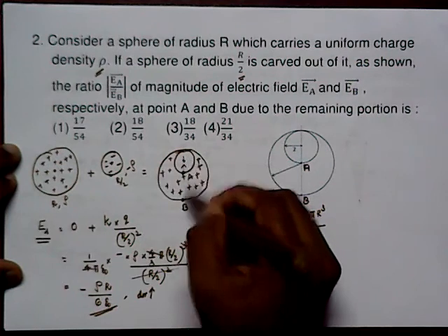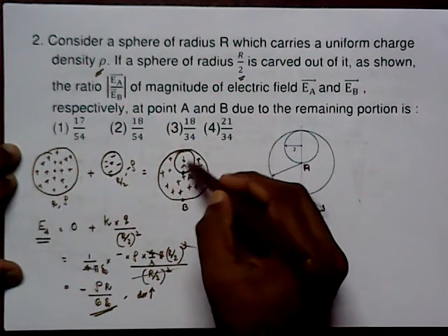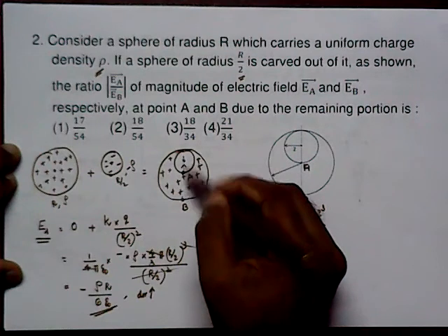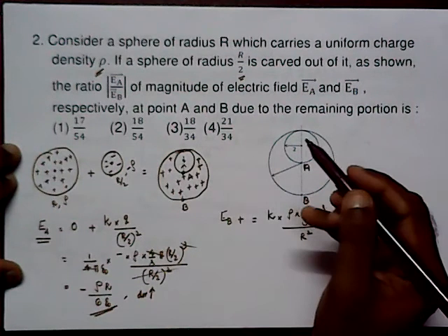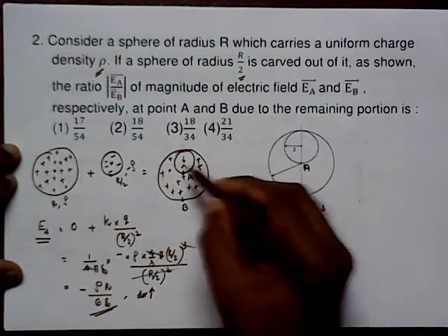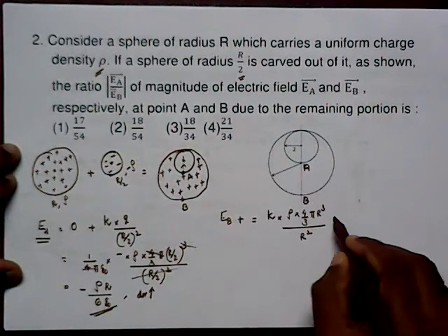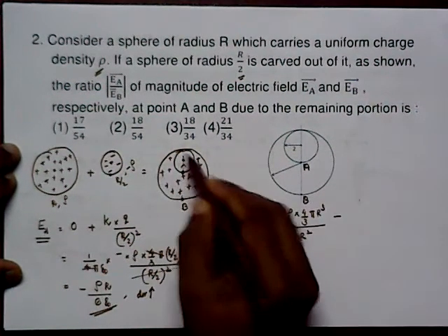So point B is at a separation: this is r by 2 and this is r, so r plus r by 2 gap. The electric field at that distance can be subtracted because of the negative charge.